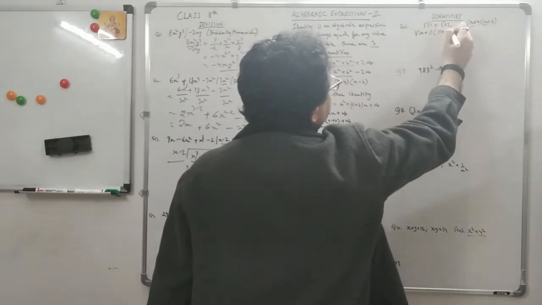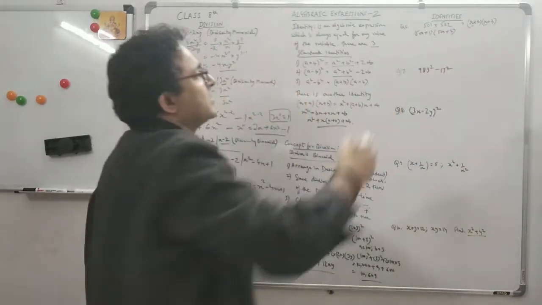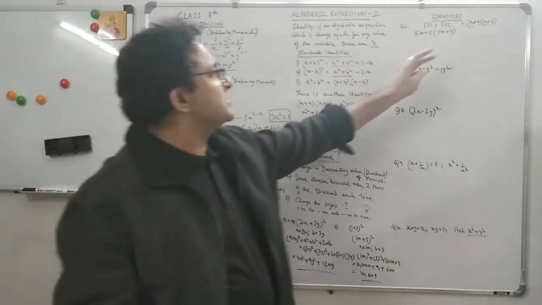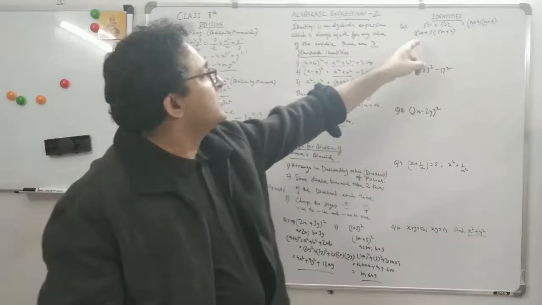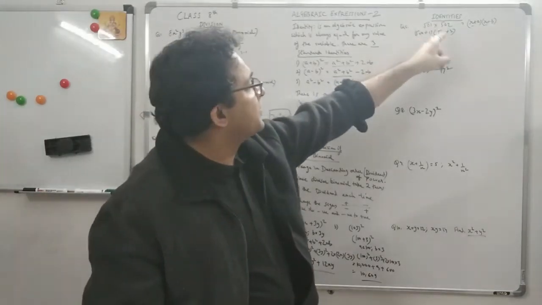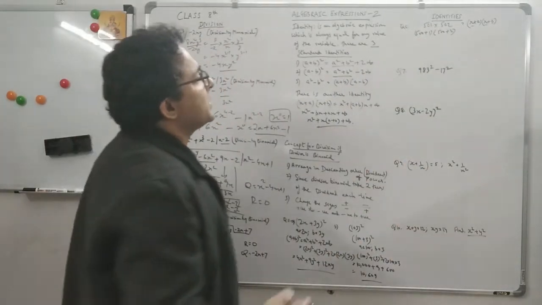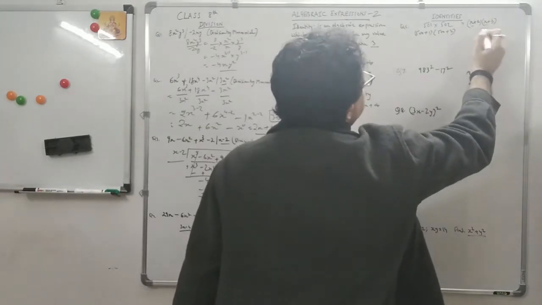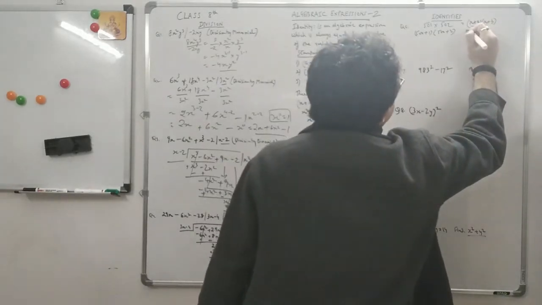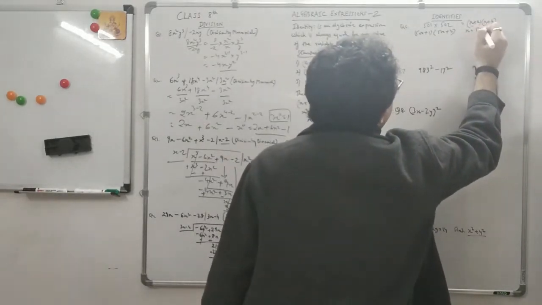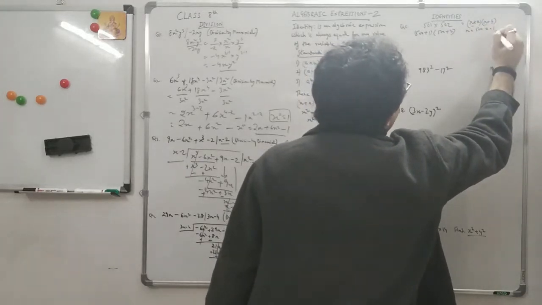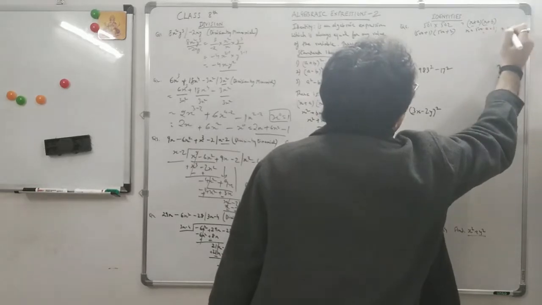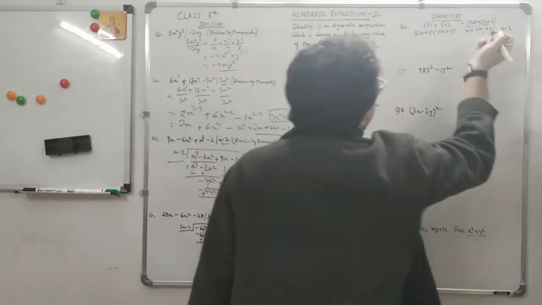You always break it in such a way because the identities should match. So I have put this close to 500: 500 plus 1 and 500 plus 2. Why? Because I wanted x. x is 500 here. Rest you know, a is 1 and b is 2.